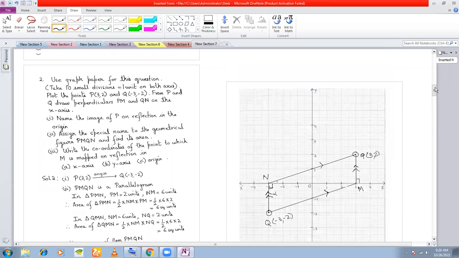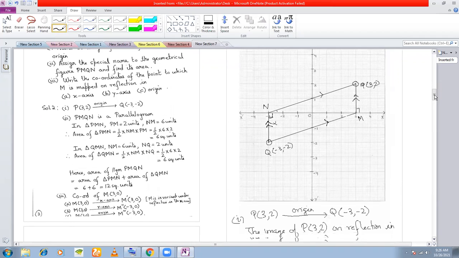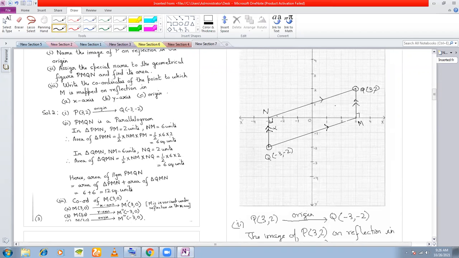Okay. And the next part of the question is: find its area. So how do you find the area of a parallelogram? Now you see that this is a right angle triangle here, PMN. And also this is a right angle triangle, QNM. So PNM and QNM are both right angle triangles.